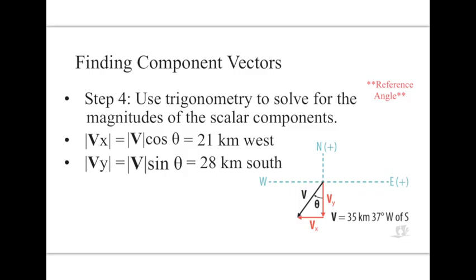Now, to find the different pieces of it, we are going to use trigonometry. I will always use the x component with cosine and the y component with sine. The reason that we do that is when we break it down, we are typically going to get this piece that is actually your reference angle.